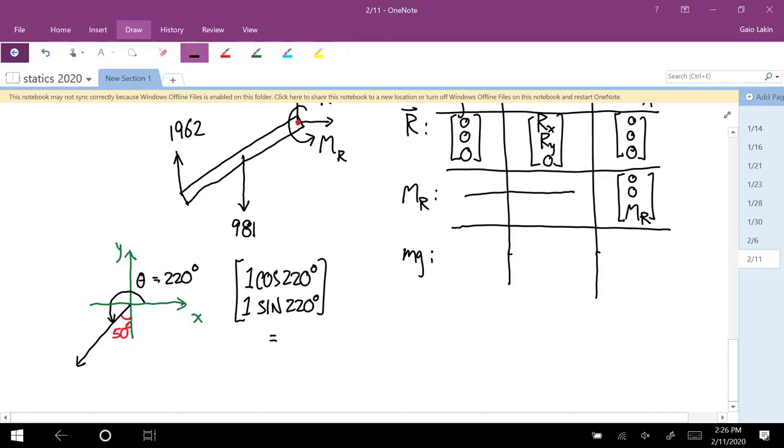That is negative 0.766 and negative 0.643.